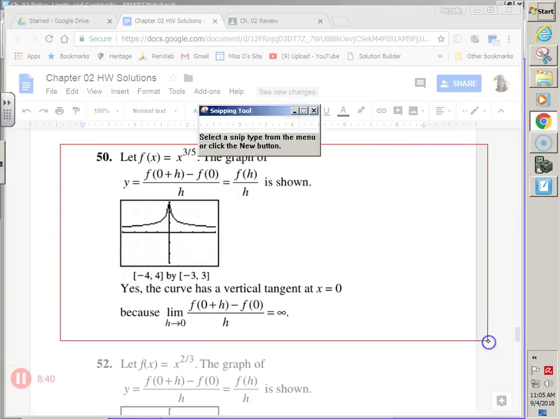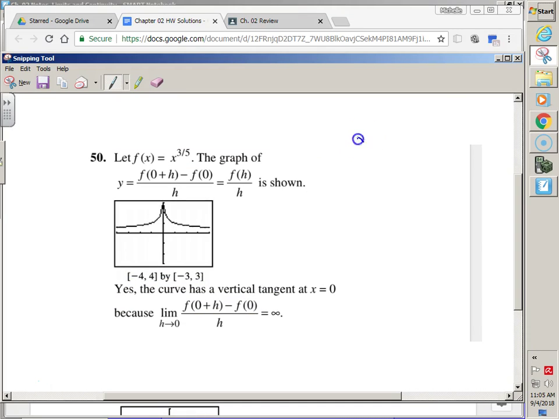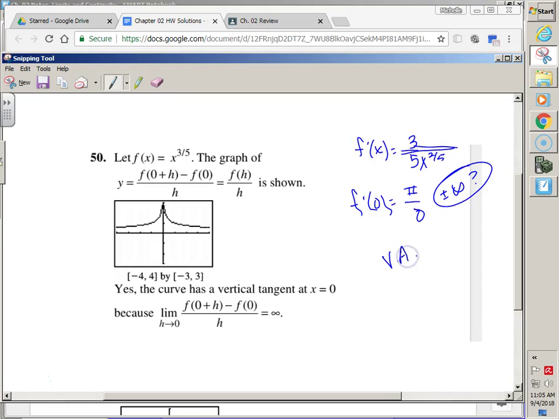Here, I'll just do the whole thing. So wouldn't the f prime of 0 be number over 0, which would be to infinity and beyond? And doesn't infinity and beyond mean a vertical asymptote? A vertical asymptote of a derivative, or wouldn't an infinite slope point to a vertical tangent line?